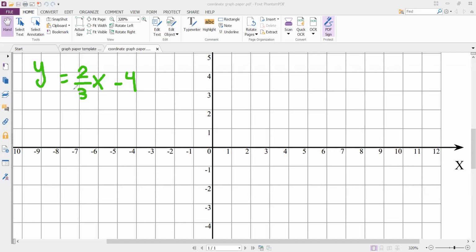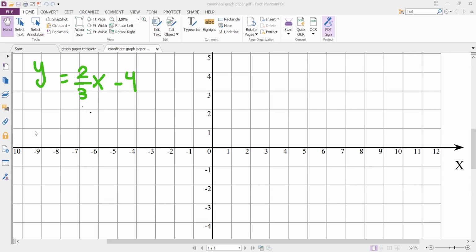I want to graph this relation: y equals 2/3x -4. What is the y-intercept? The y-intercept is 0 and -4.